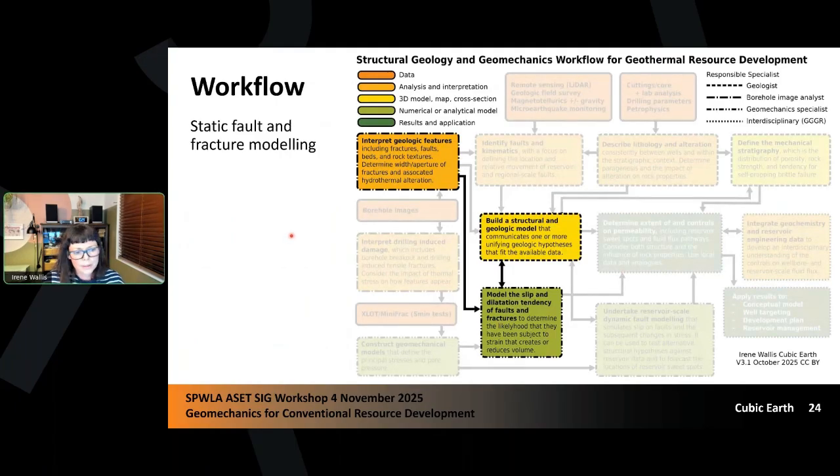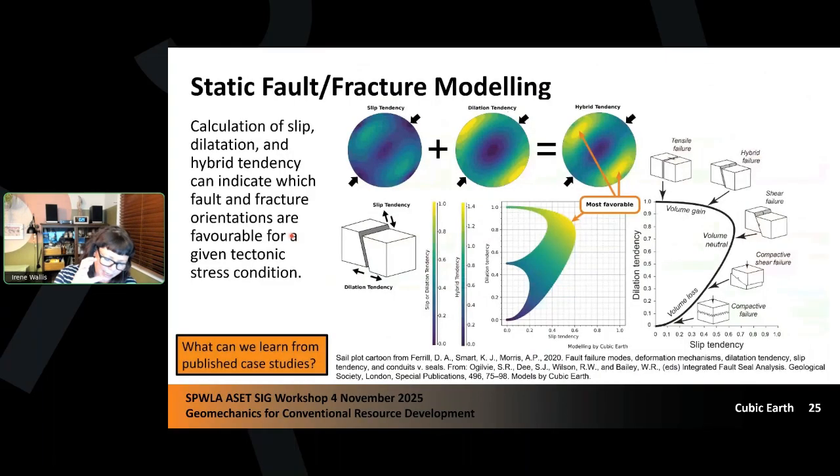Once you've got a geomechanical model, you can do some static fault and fracture modeling. That is where you take a modeled stress state, so the tectonic stresses plus pore pressure, and you calculate the likelihood of slip, where slip tendency is defined by the ratio of shear stress to normal stress.